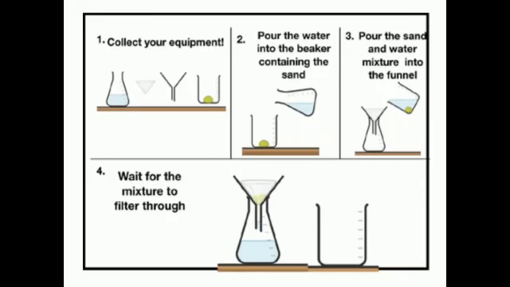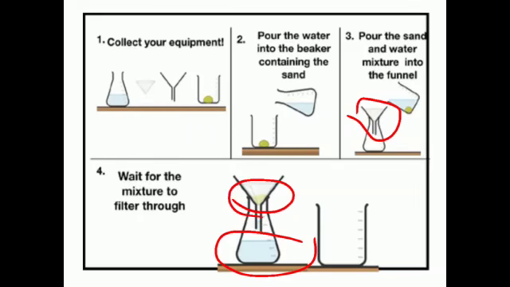Pour the sand and water mixture onto the funnel with filter paper. Remember, this funnel has filter paper over it. Then we will wait for the mixture to filter through. After the filtration, we will get the filtrate into the flask, that would be water, and the residue will be over the filter paper, which is sand.